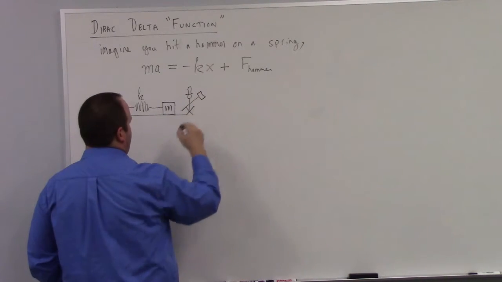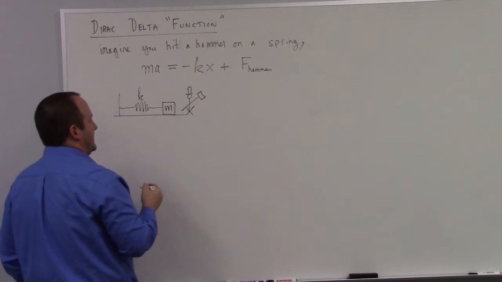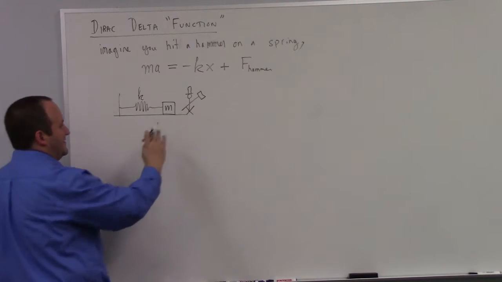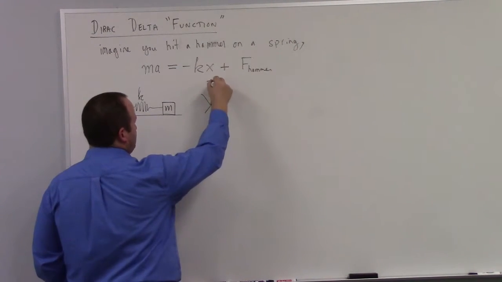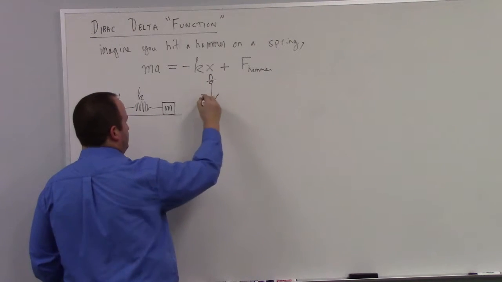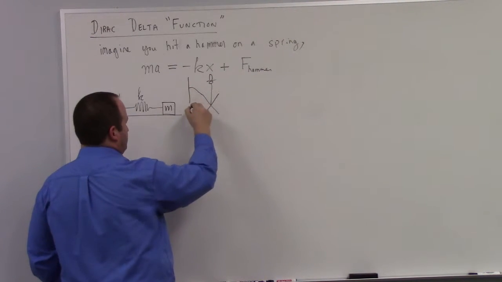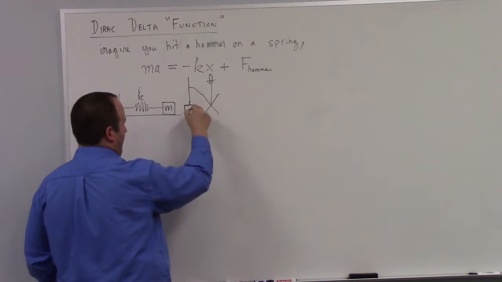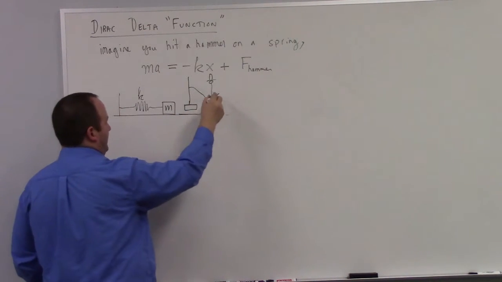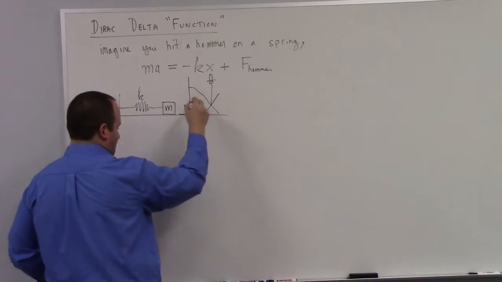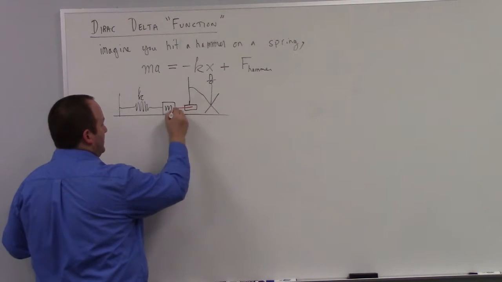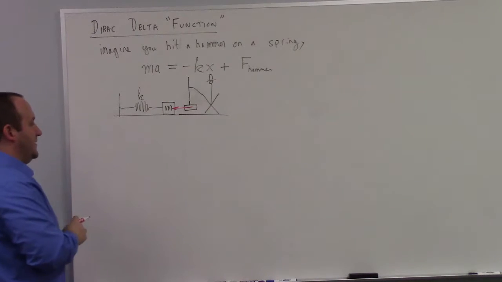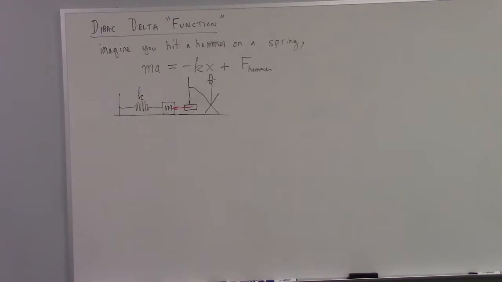This doesn't quite do it justice because I want him to hit it. It's more like golf, I guess. All right, so he takes this thing and he just whacks the spring like that, hits the mass, and it's going to set the mass into motion, right?